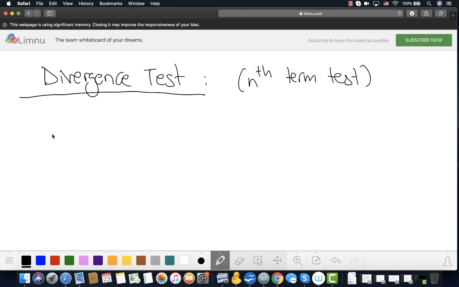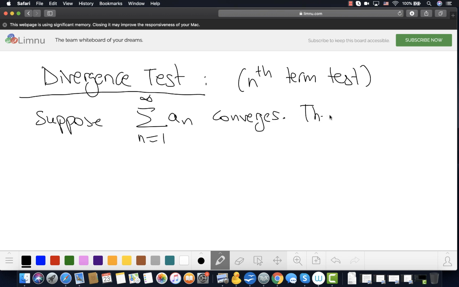And this says that suppose a given series, n goes from 1 to infinity, of an converges. If you knew that it converges, then you can deduce that the limit of the an's must be 0. It's very, very important to understand the direction of this implication. I'm saying, suppose we knew that this series converges, then the limit of the an's must be 0.